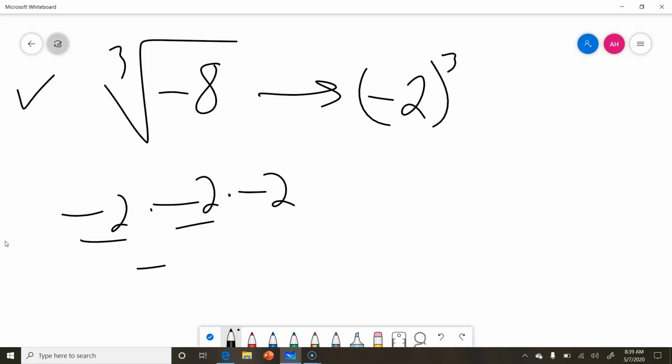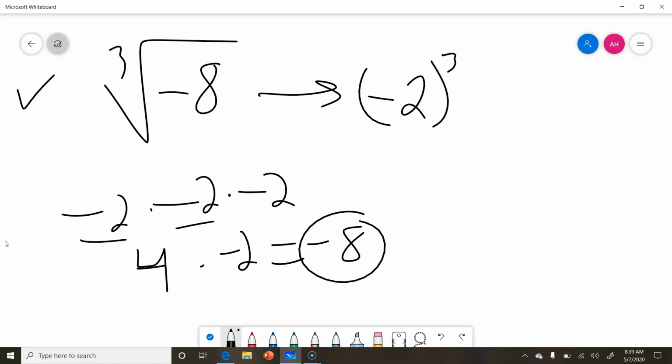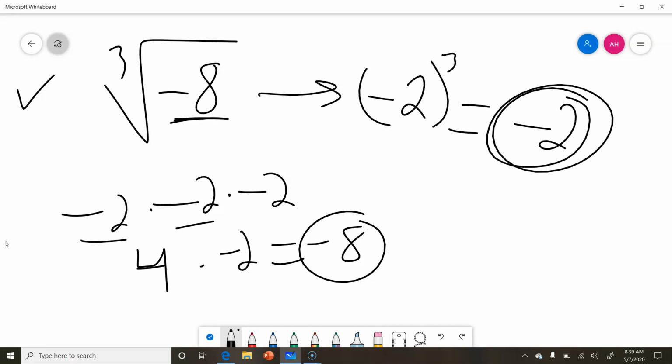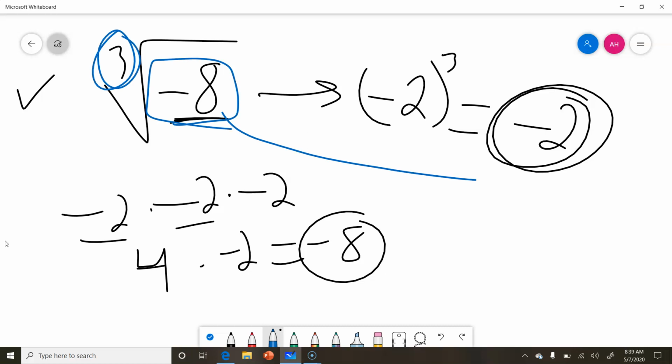Negative 2 times negative 2 is positive 4, but then times our negative 2, the answer is negative 8. It works out, right? So the answer here is negative 2 for something that has a negative inside of a cube root. It's not true of a square root, only if this is cubed can the inside be negative, and then that leads to a negative answer. Super important.